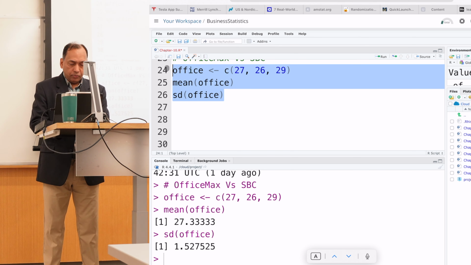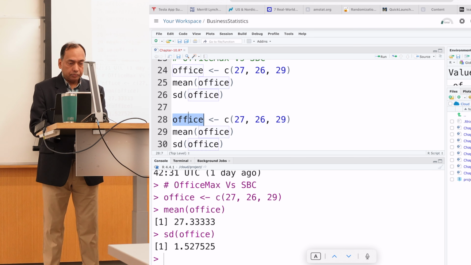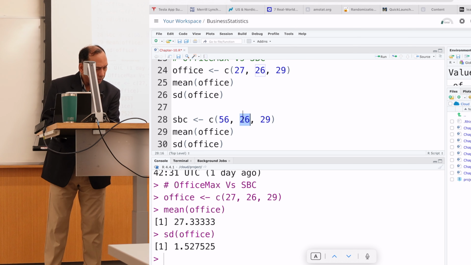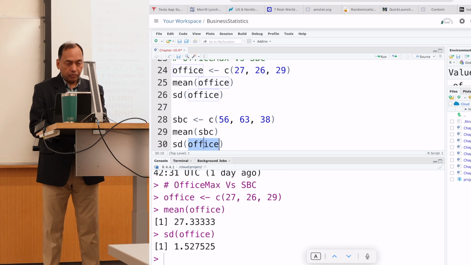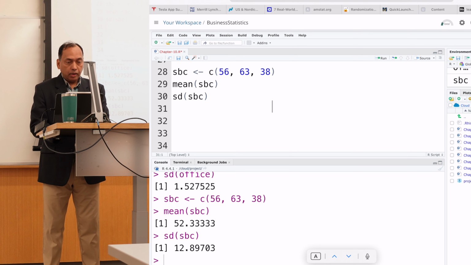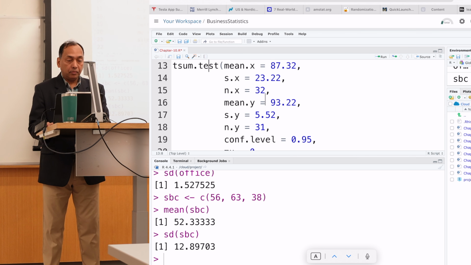And we repeated this for SBC, and the data was 56, 63, 38. And then we put this in tsum.